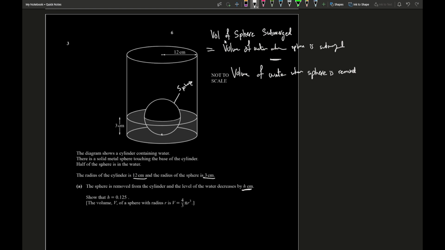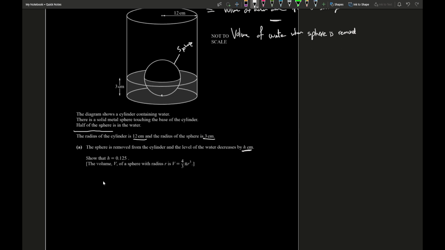Okay, so we know that the volume of the sphere submerged is the volume of half of the sphere, or the volume of a hemisphere with radius 3 centimeters. The volume of a hemisphere is half of the volume of a sphere.